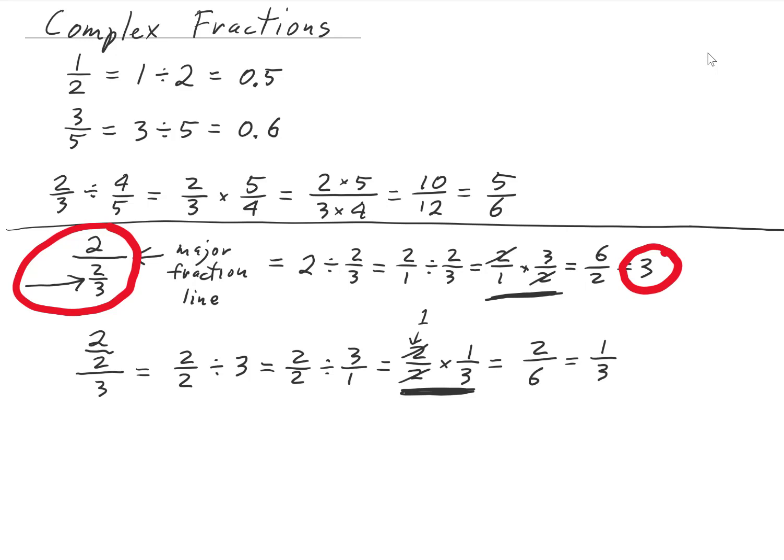On the second problem, when we move that major fraction line below the 2 over 2 and just above the 3, we got a different answer. We got 1/3. So it makes a big difference where that major fraction line is. And again, you can usually tell because it's usually the longest line.